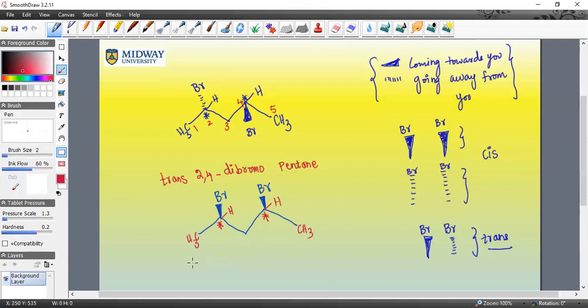But this molecule itself is achiral. The name is going to be the same, so it's 2,4 dibromopentane. The name doesn't change. There are 2 things that do change. One is these 2 groups are both coming towards you, so it's a cis, and this is a trans. And despite the fact that this molecule contains chiral carbons, plural, this molecule is achiral.